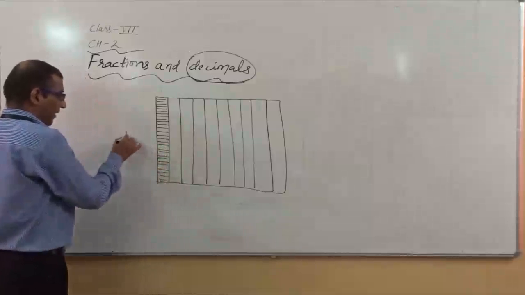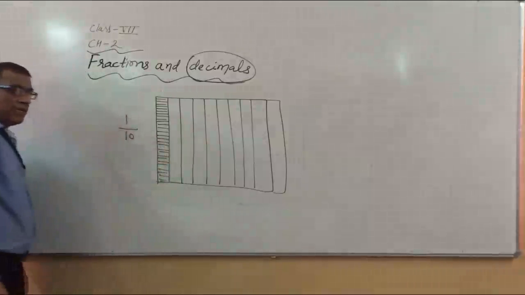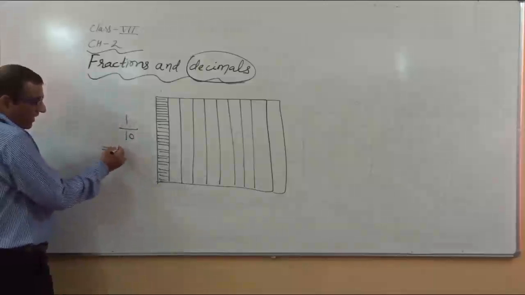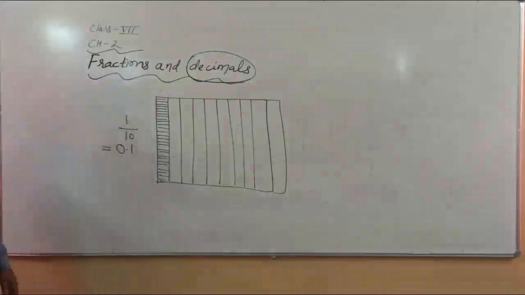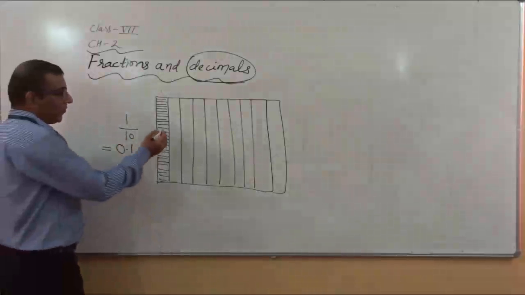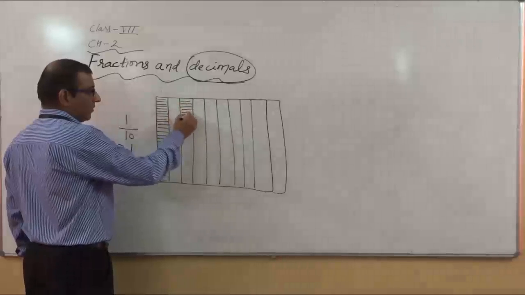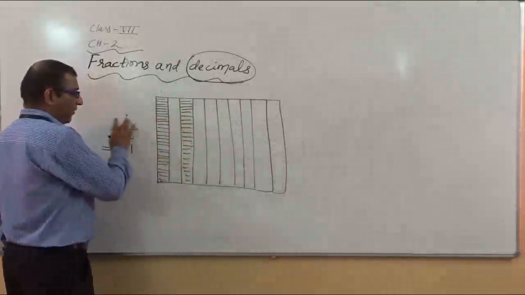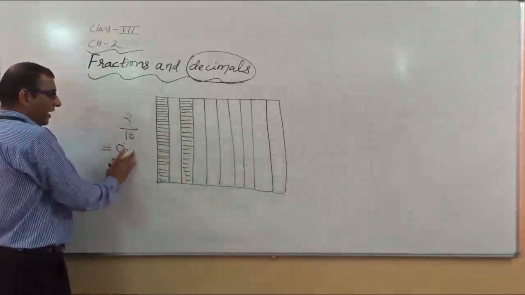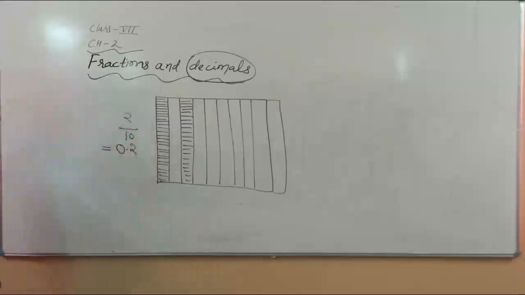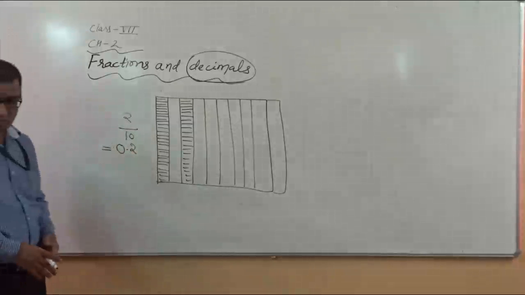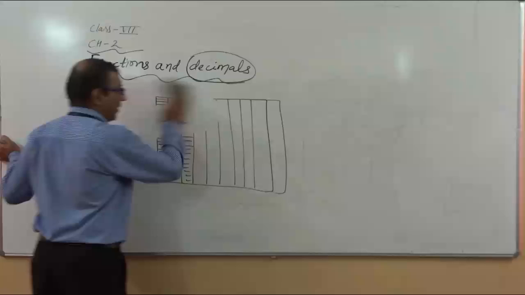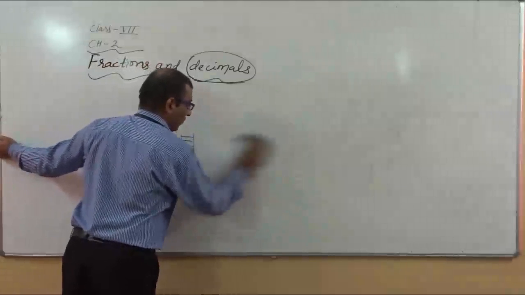It means out of 10, I am shading only one part, which is related to 1 upon 10, or it can be written as 0.1. Okay, if I take one more part, then out of 10 parts, 2 parts are shaded, then it can be written as 2 upon 10, and we will get 0.2. Same for the others also. So I am making one more diagram so that it will be more clear to all of you.